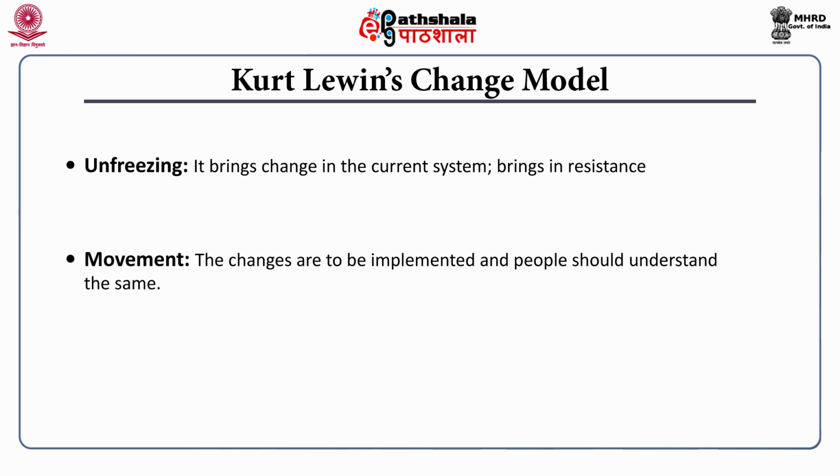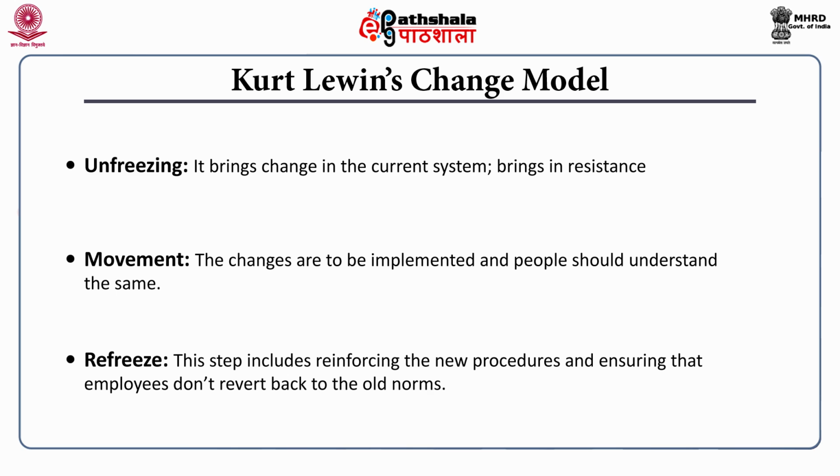Movement refers to the changes that are to be implemented, and people should understand the same. This is also considered a tough stage. Refreezing refers to the step which includes reinforcing the new procedures and ensuring that employees do not revert back to the old norms.